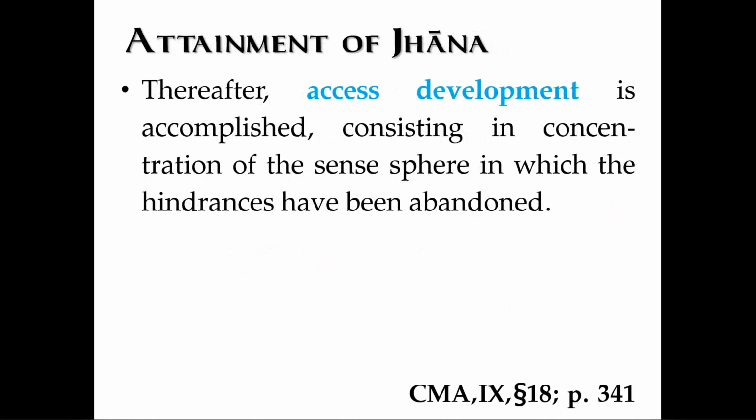Thereafter, access development is accomplished. Here we have three types of development: preliminary development, number one, and now access development. Actually, upachara bhavana is very near to jhana. The mind is very concentrated and free from defilements, but you do not attain the jhana yet.